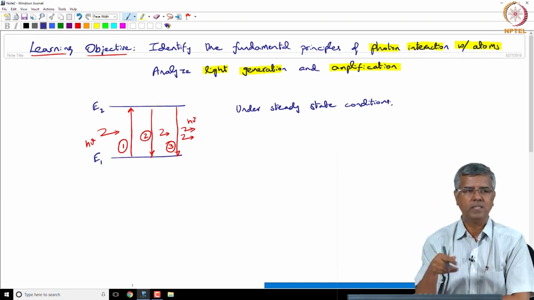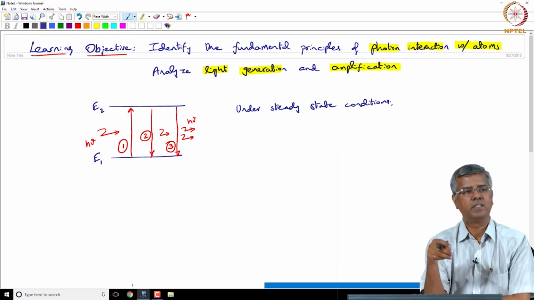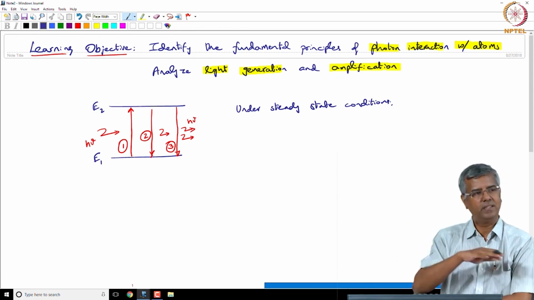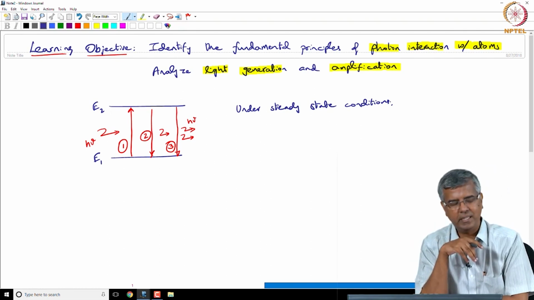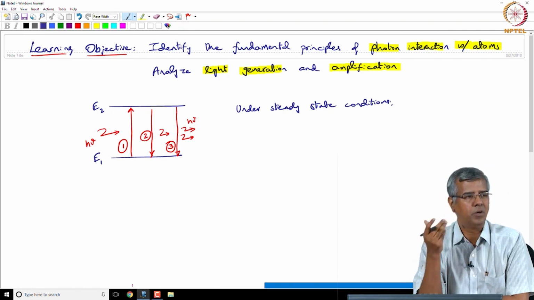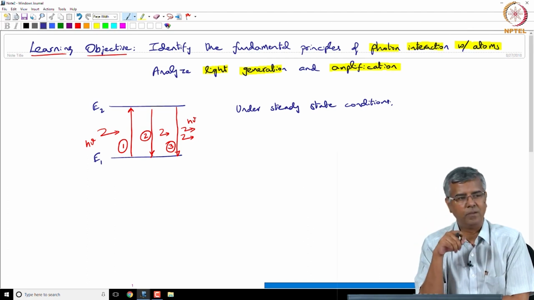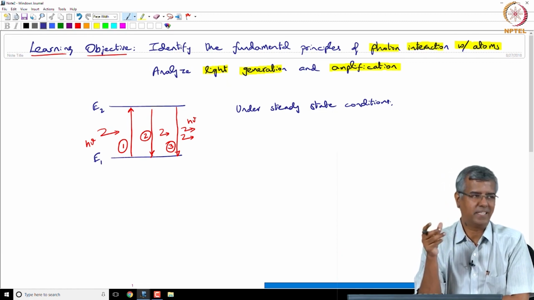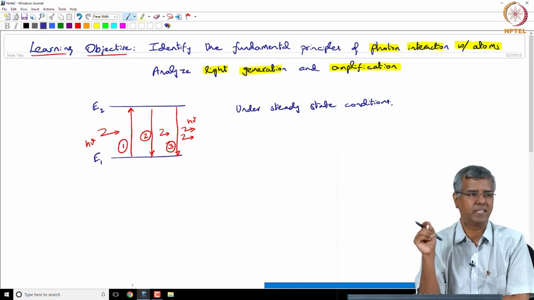It's not like you just flipped a switch and you are immediately after that tracking this. You are letting things come to some sort of equality, and then you are observing this. That is what steady state conditions mean. If you are looking at immediately after you switch on something, what is that called? Transient conditions, right. So, we are not looking at the transient condition, we are looking at a steady state condition.